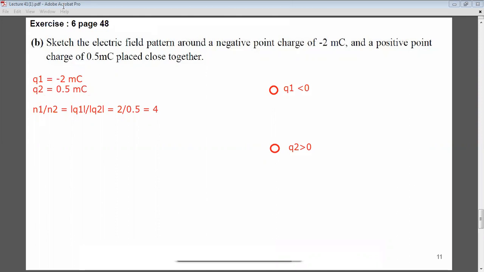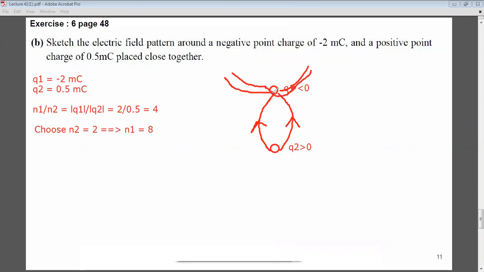Let's say we draw two lines leaving Q2, so N2 is equal to 2. Then Q1 should have 8, so N1 is equal to 8. It already has 2, so it needs another 6: 1, 2, 3, 4, 5, 6, inward because it's negative.